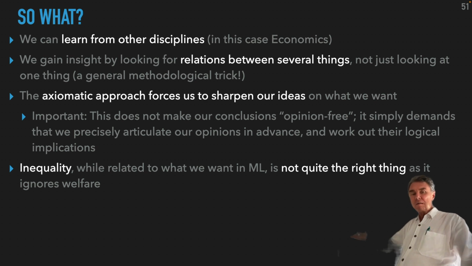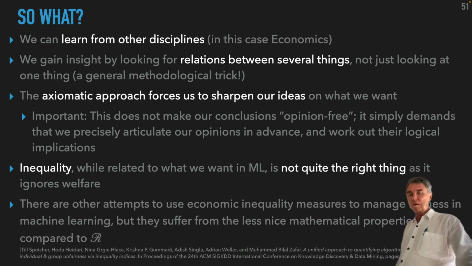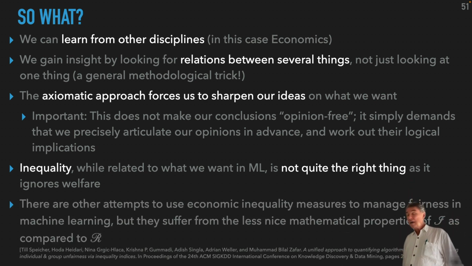We've also seen, I've already made this point, inequality is not quite what we want in machine learning. And if you're really keen, you could compare this paper to the fairness risk measures paper. In essence, they did what Aditya and I did, except they used inequality measures. And technically it ends up being a gigantic mess. It's just yucky because they're using these zero homogeneous functions.